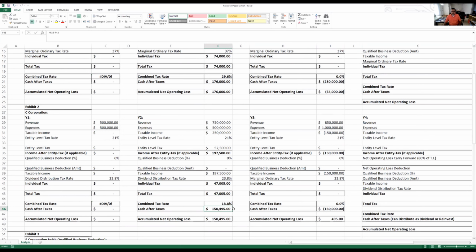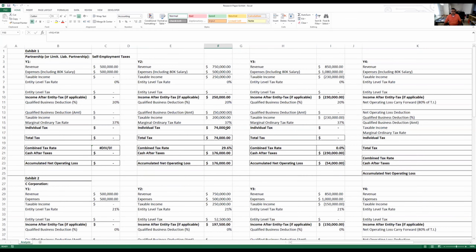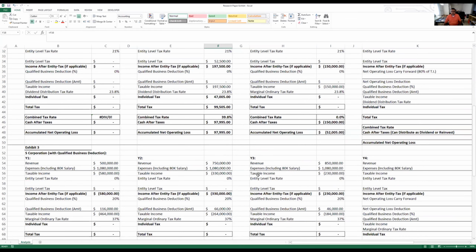If you look at the difference between this and this, my combined tax rate is 39.8%. So, like I said, my total tax is $99,505 the second year. With a partnership, it's only $74,000.